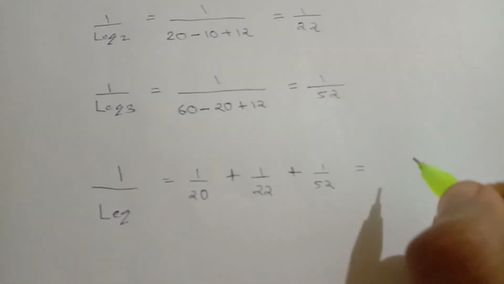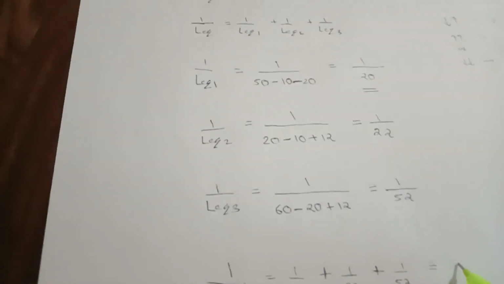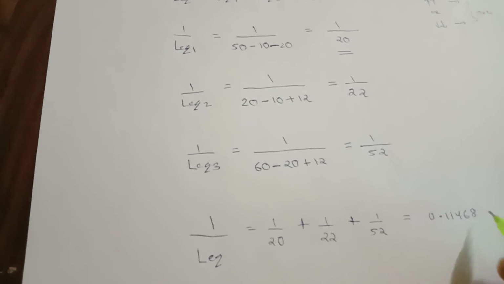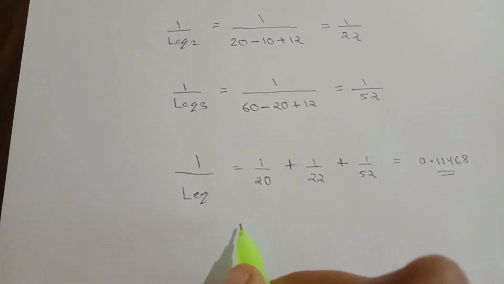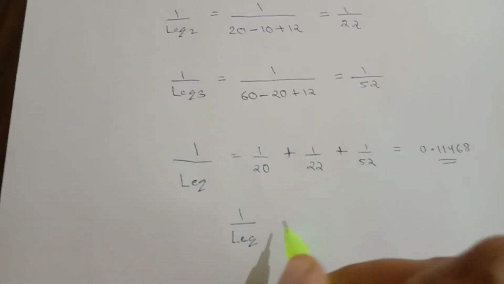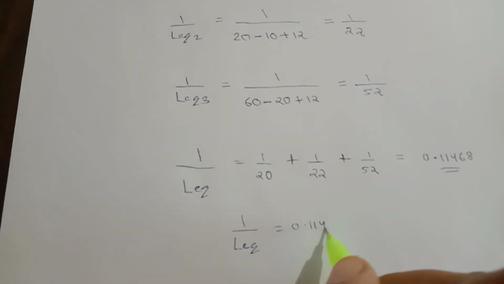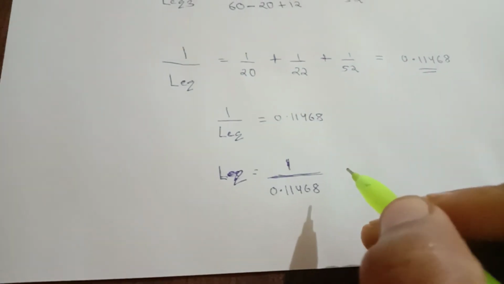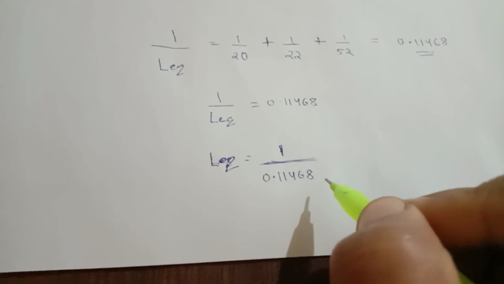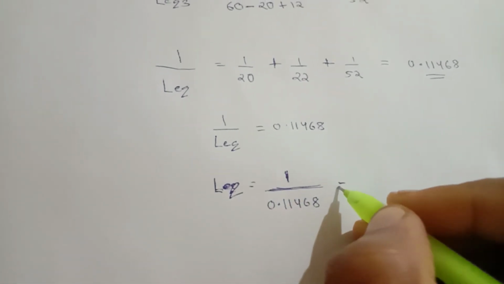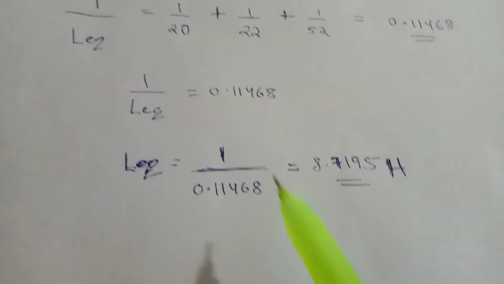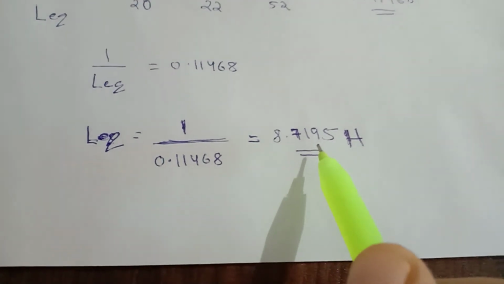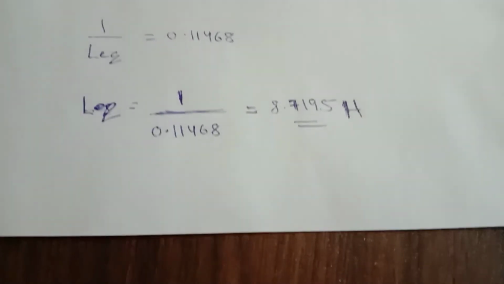Solving this, you will get 0.11468. So 1 by L equivalent is equal to 0.11468. What we want is L equivalent. So L equivalent is equal to 1 by 0.11468, so we will get L equivalent as 8.7195 Henry. Okay, that is our answer.